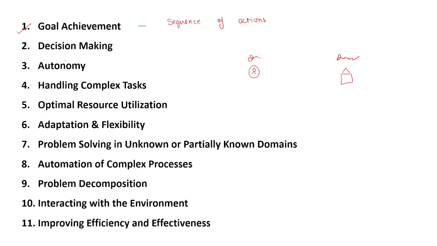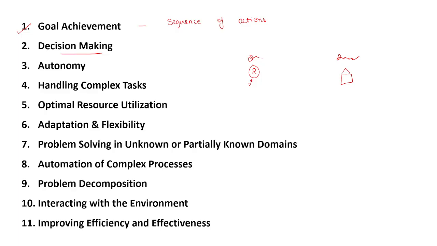Another role we have is decision making. In environments where AI needs to make complex decisions, a planning system is responsible for evaluating different actions and determining which ones lead to the best possible outcome. So, decision making is very important. Let's take an example like you want to go to a supermarket from a home.